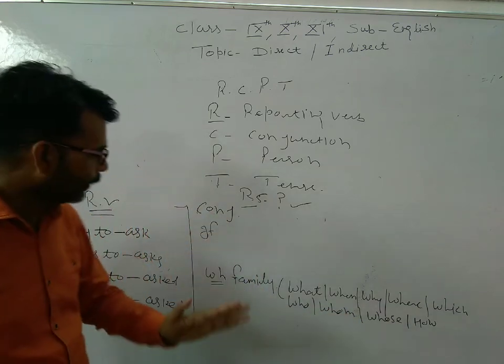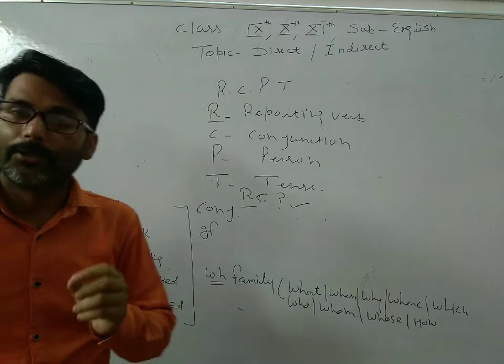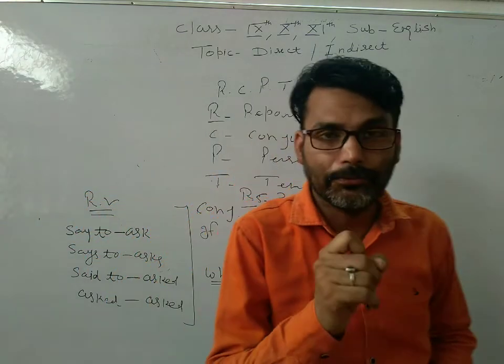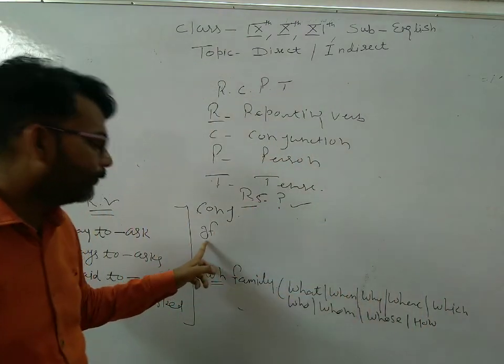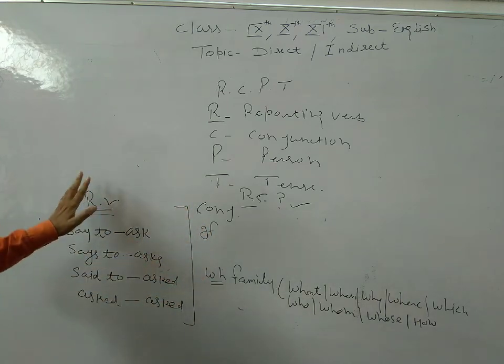Then there is no need to put the conjunction if. But when your reported speech doesn't start with the WH family, then you will have to use if as a conjunction. Okay, it is clear to you.